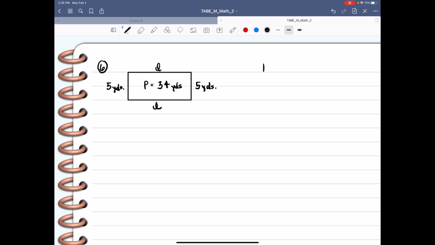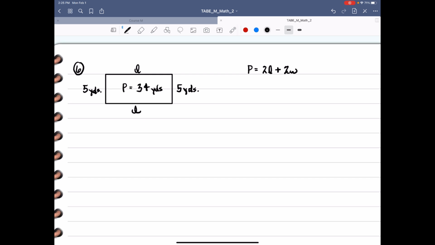And they give me the formula perimeter equals 2 times L plus 2 times W. So I know that perimeter P is 34. I do not know the length, but I know the width is 5. So 2 times 5 will go there. 34 equals 2L plus 2 times 5, which is 10. Now, here is the power.